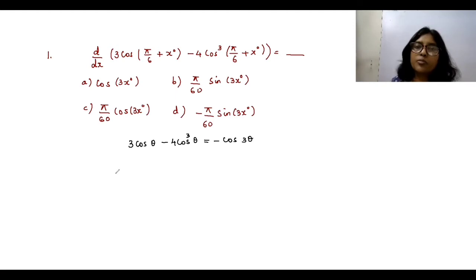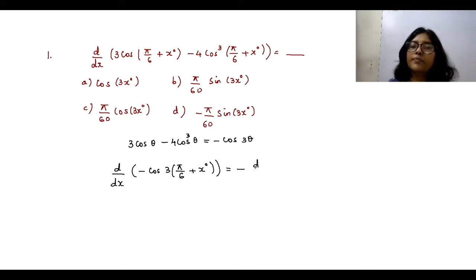So we'll apply the formula first. d by dx of minus cos 3, and our theta is pi by 6 plus x degree. Cos pi by 2 plus 3x.